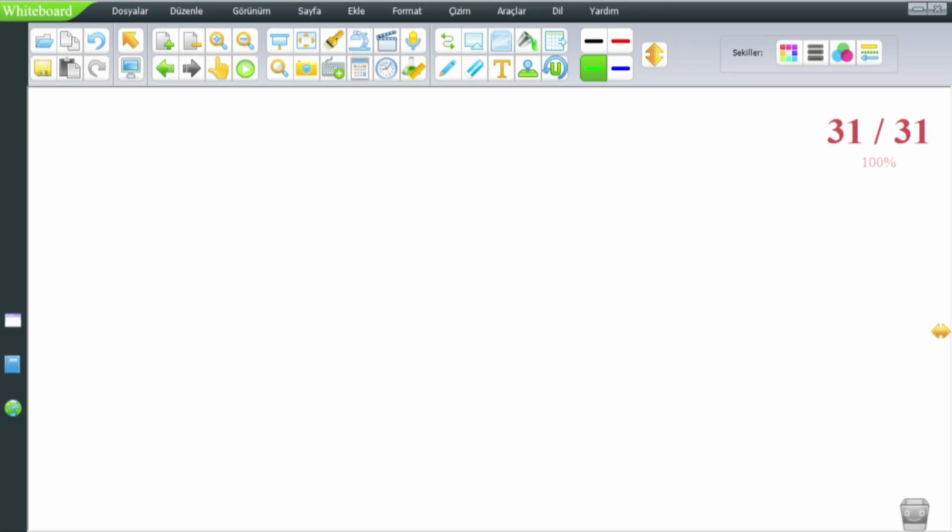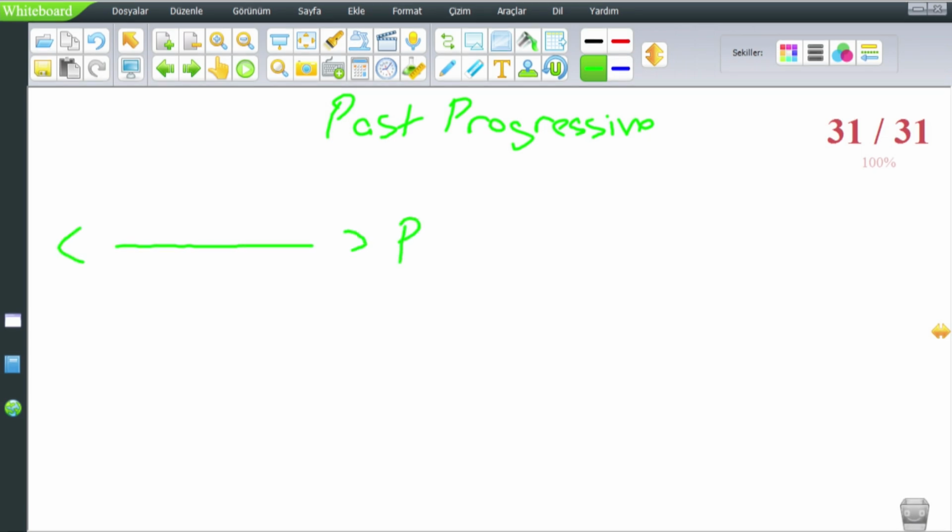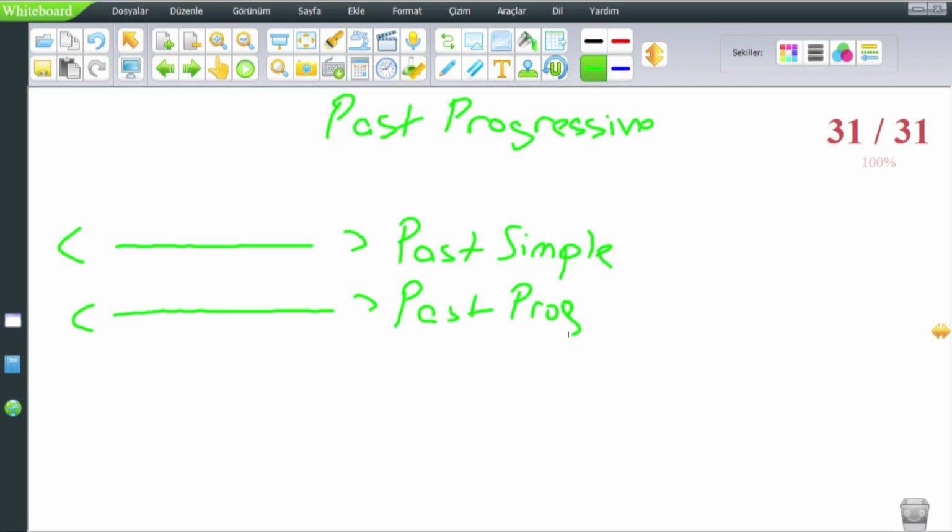Okay, and we also talked about past progressive. And the difference between past simple and past progressive, I again showed you like this. Let me show it one more time. We can count here as now, today.